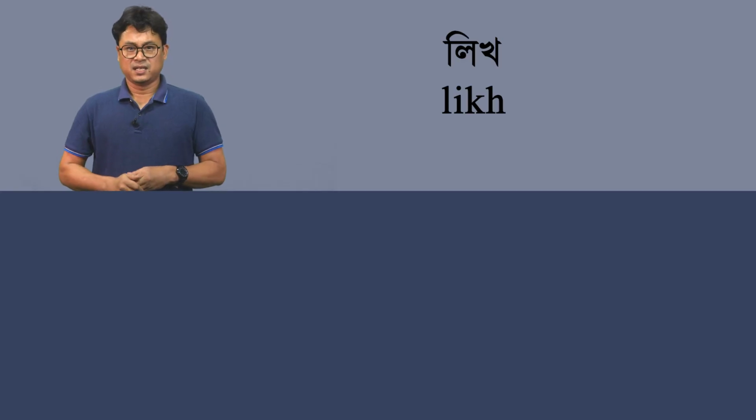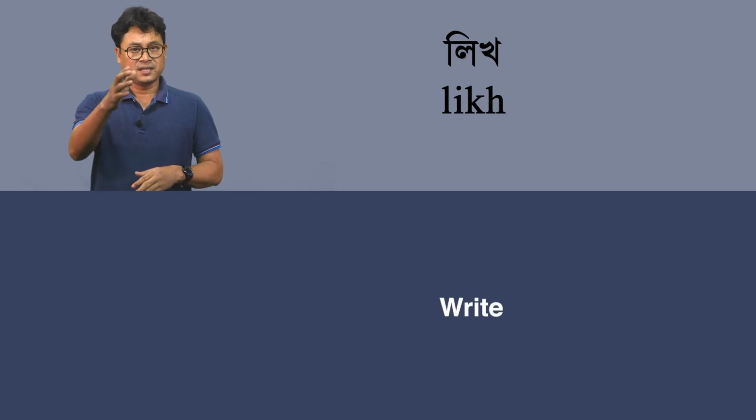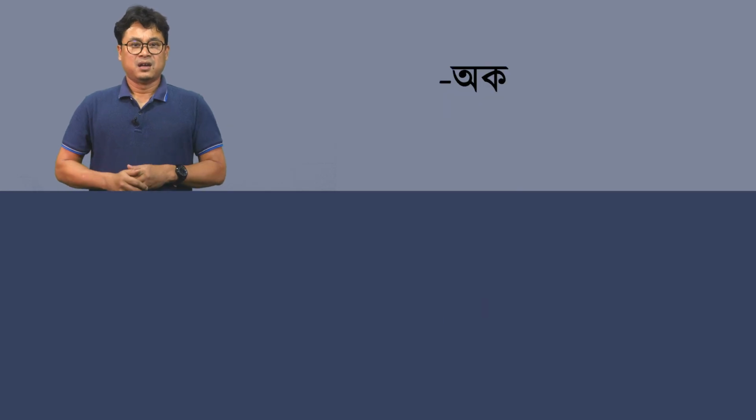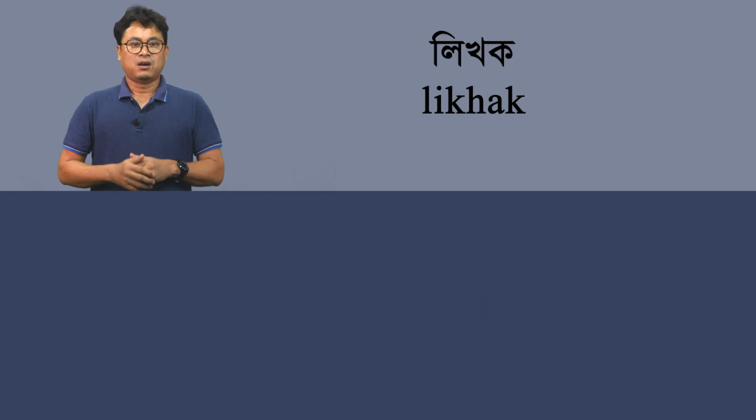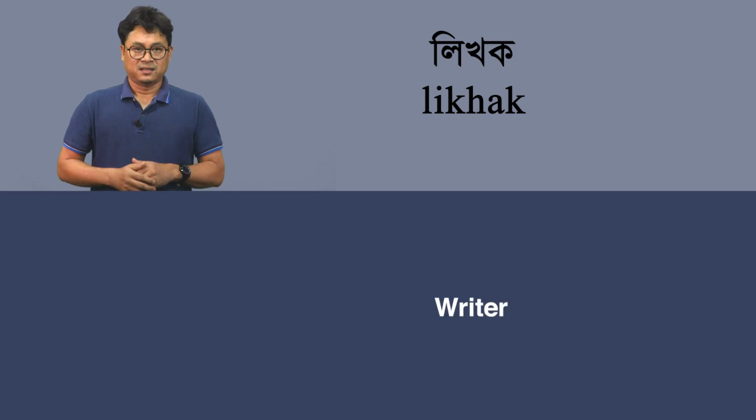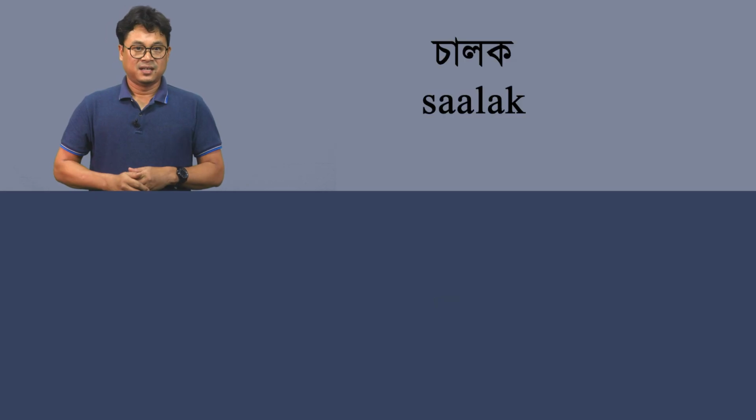The derived nouns refer to doers, performers, or participants in an activity. For example, the combination of the verb lik, means write, and the derivational suffix ok form the agentive noun likhok, which means writer. In this way, we can derive salok.